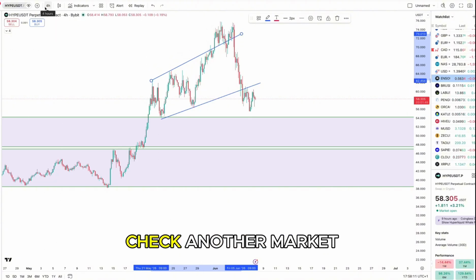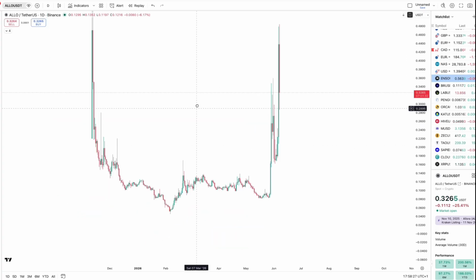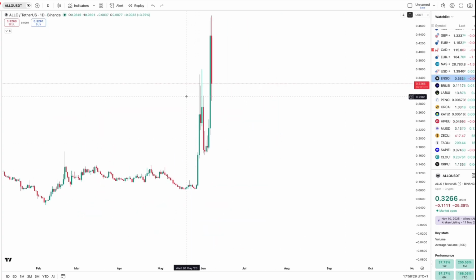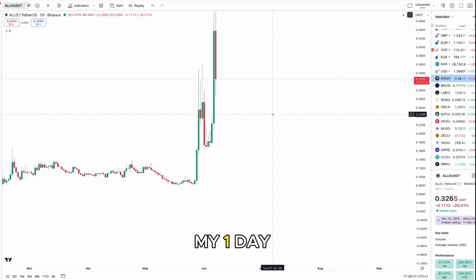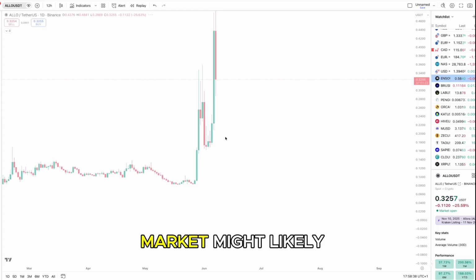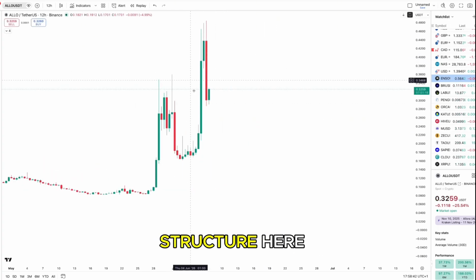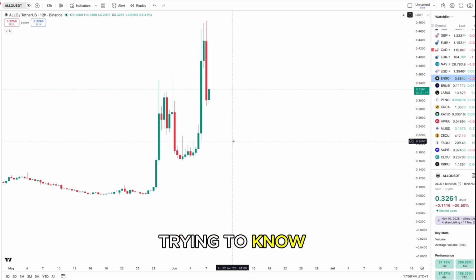So I can check another market. Okay, Allo. If you see, Allo is trending up from what I can see on my 1 day time frame, and I need to find an opportunity. I need to find an area the market might likely revisit. So you see that there is already a break of structure here. So the market is trying to fill any gap.